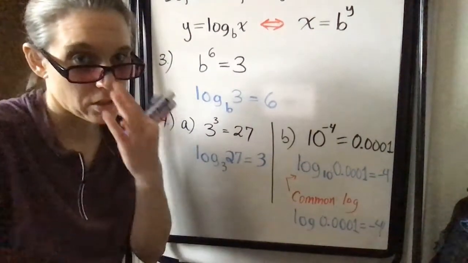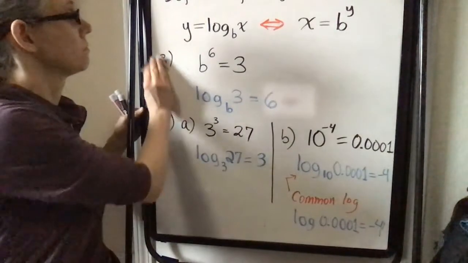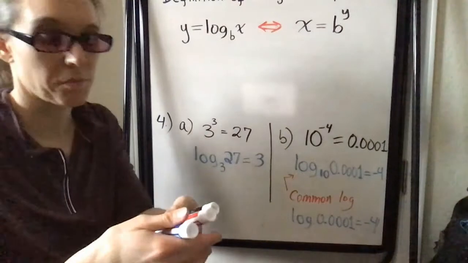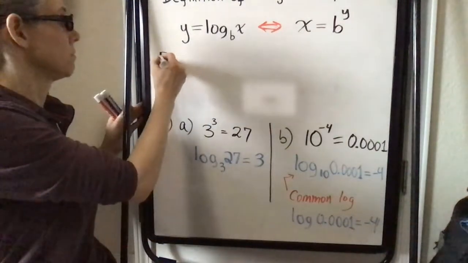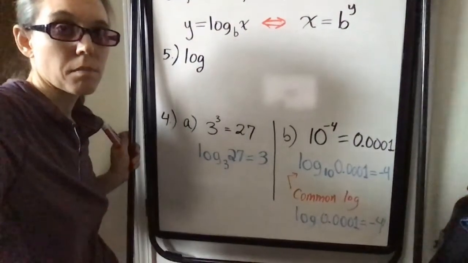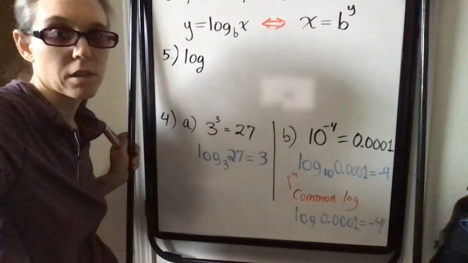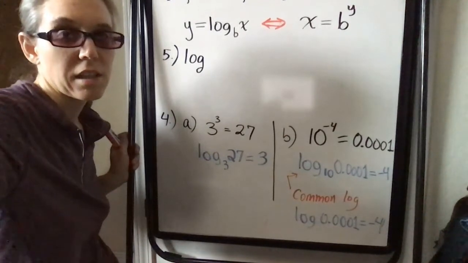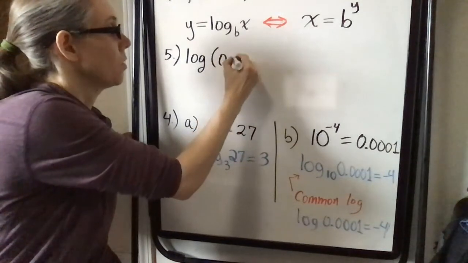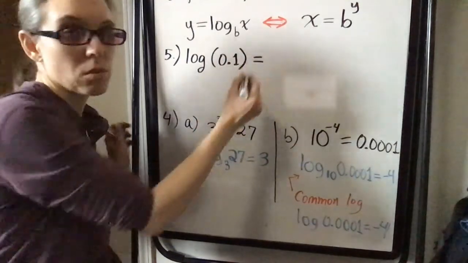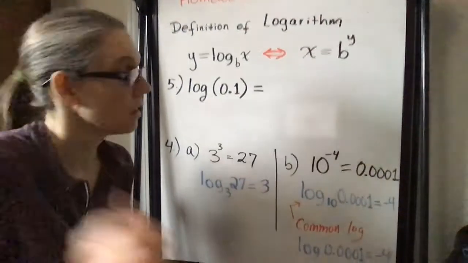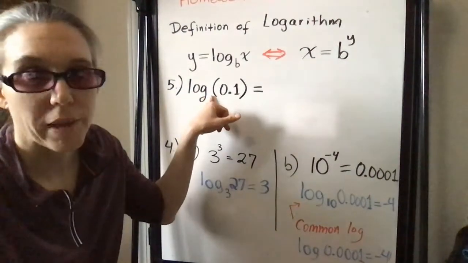And now on to question 5. Let me get question number 5 up for a second. Question 5: log of 0.1 is equal to... Now, you can just type this in the calculator if you want. You see here, there's no base.